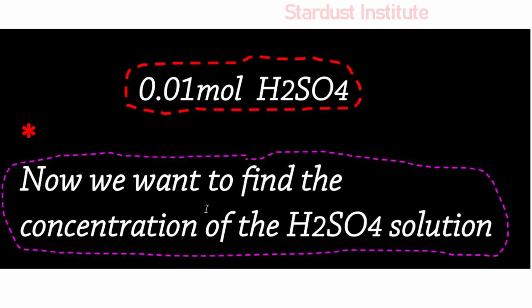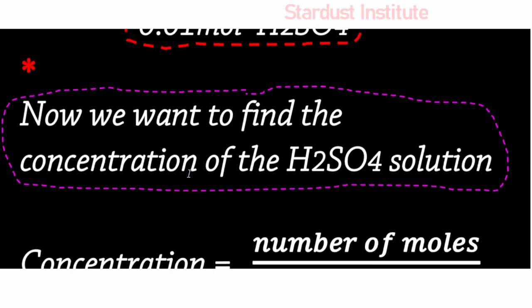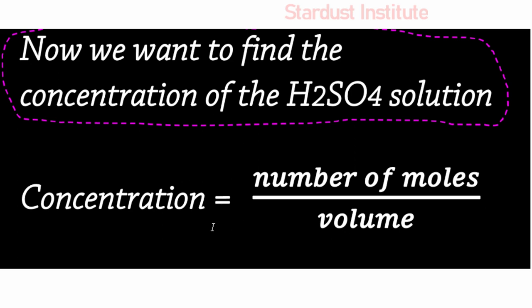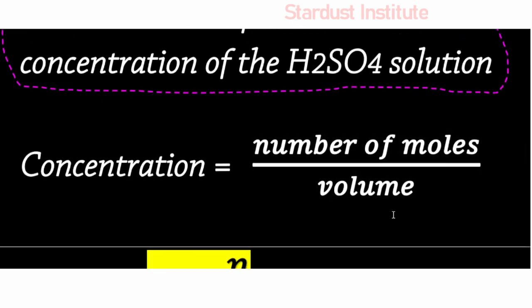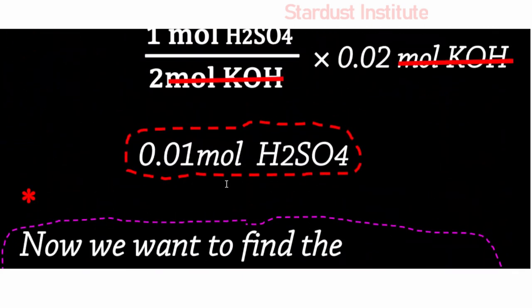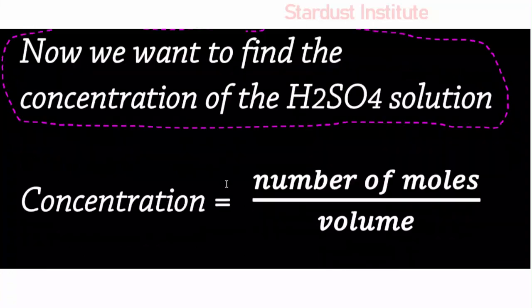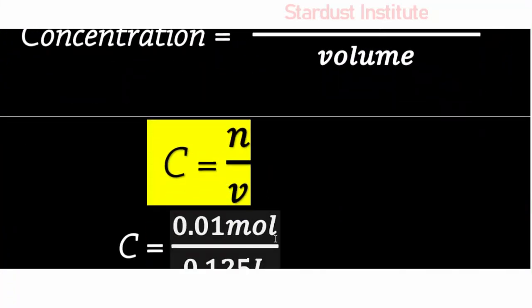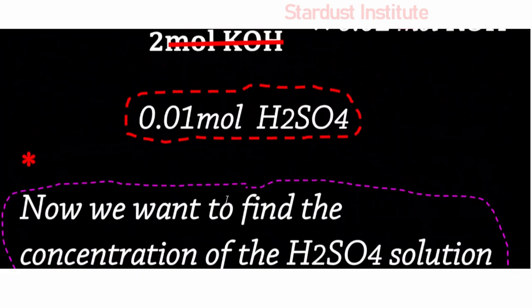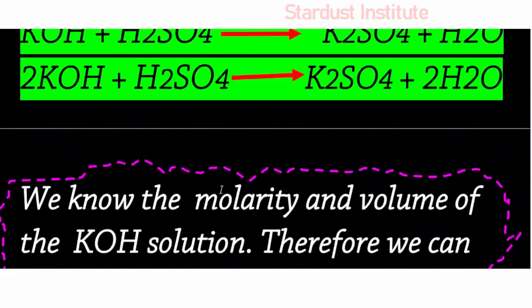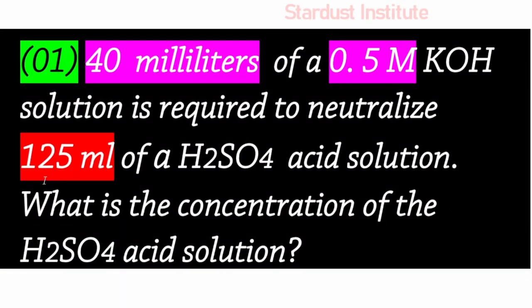This is the formula for that. Concentration equals number of moles divided by volume. We have found the number of moles of sulfuric acid, 0.01 mole. Volume we have been given 125 milliliters, but when we use this formula, C equals n divided by V, we should take volume in liters.